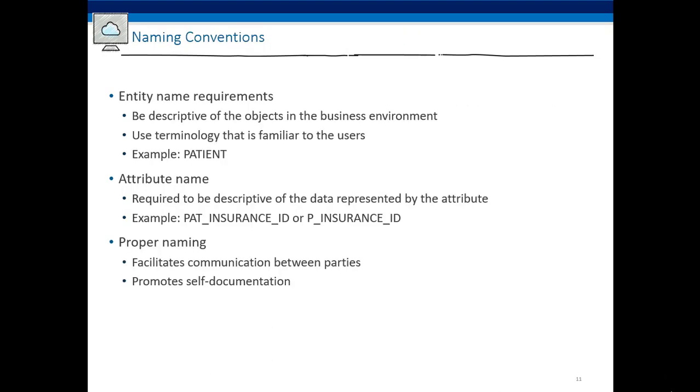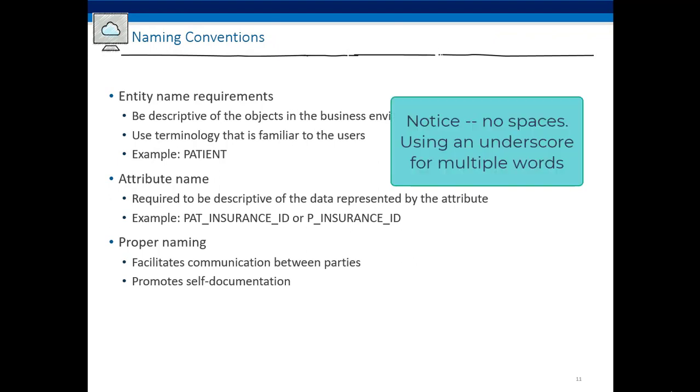So entity name requirements, just make them make sense. Patient, for example. Attribute names, it's nice to have a little prefix. And the reason is you're going to find, let's take a common one like phone. So you might have the attribute phone in many different entities.